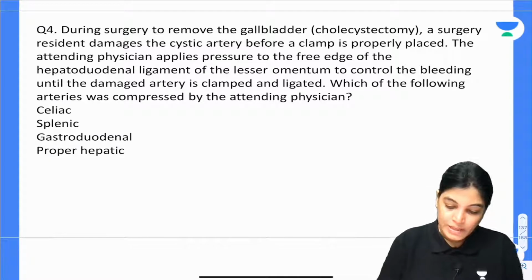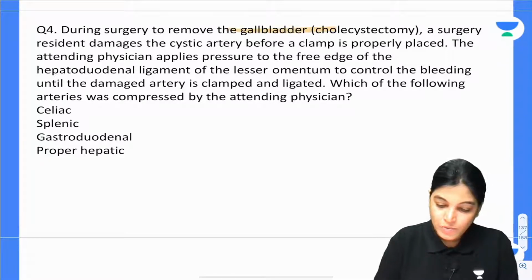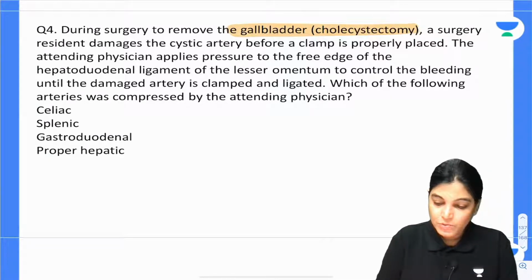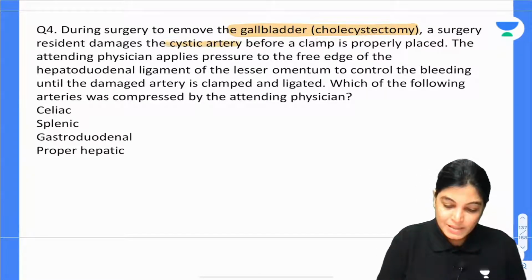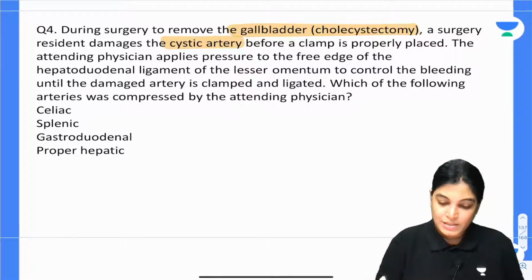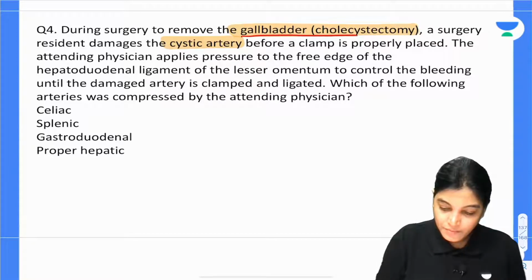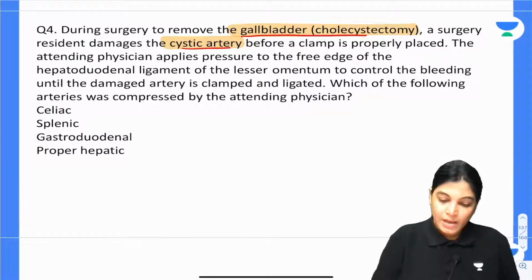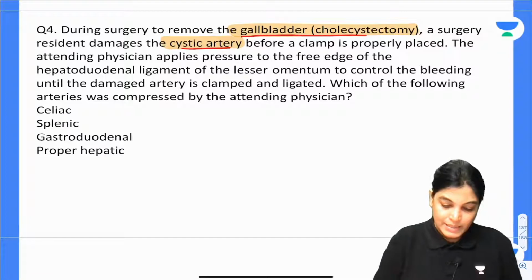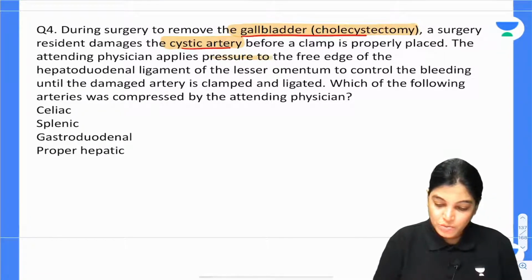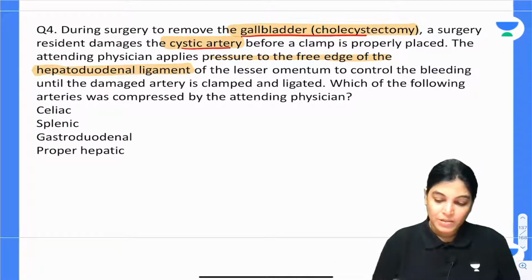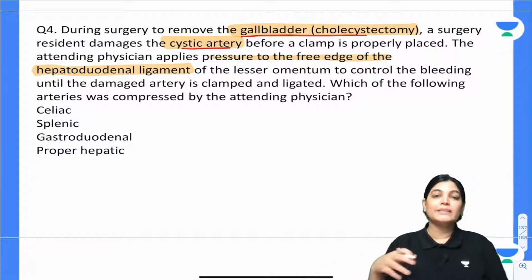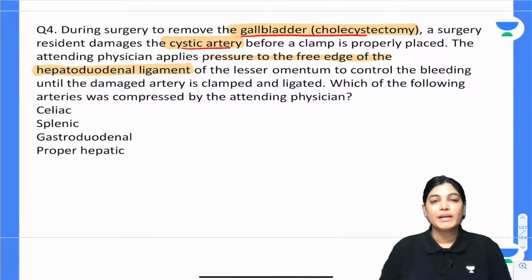The key point is that this is during surgery.